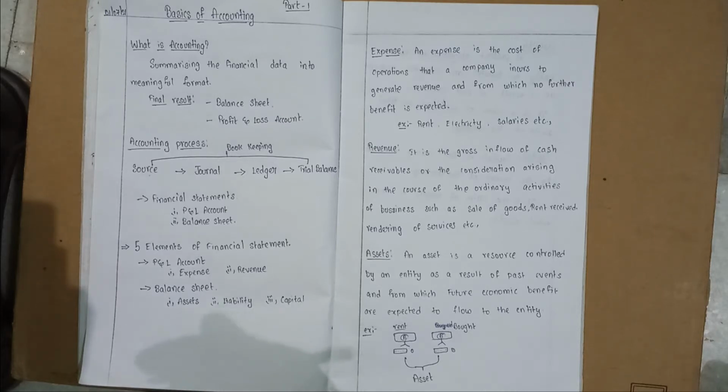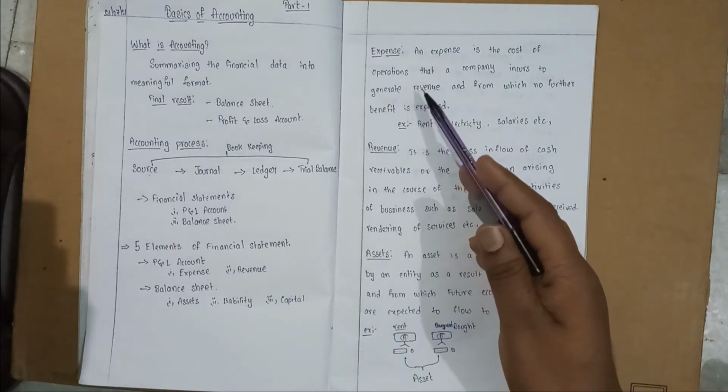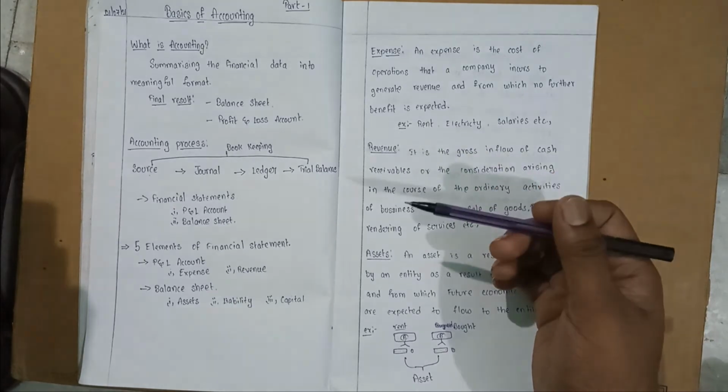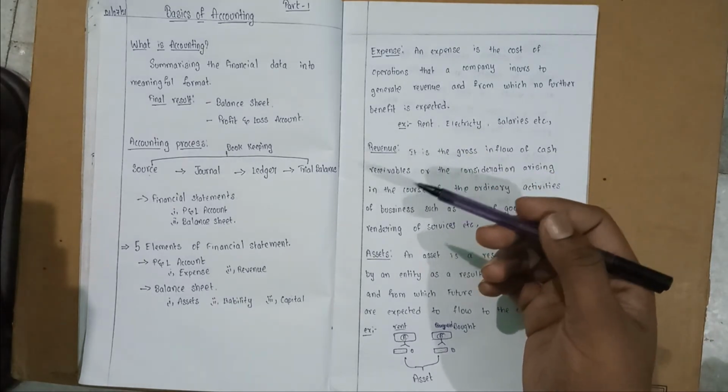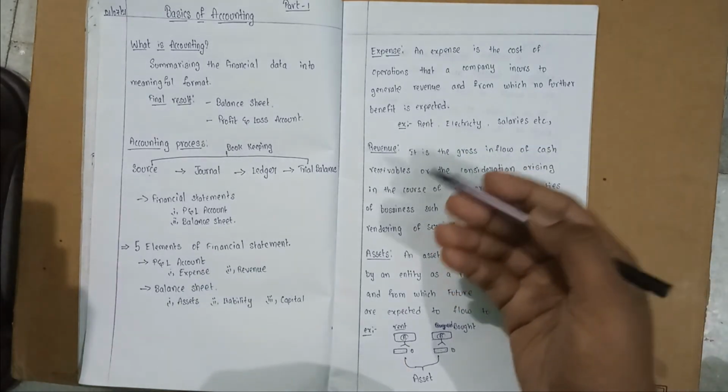Are we going to expect any benefits from the land again? No, because we have to pay one more month's amount to take benefits. So expense means we have already taken the benefits from the thing on which we are making the expense.